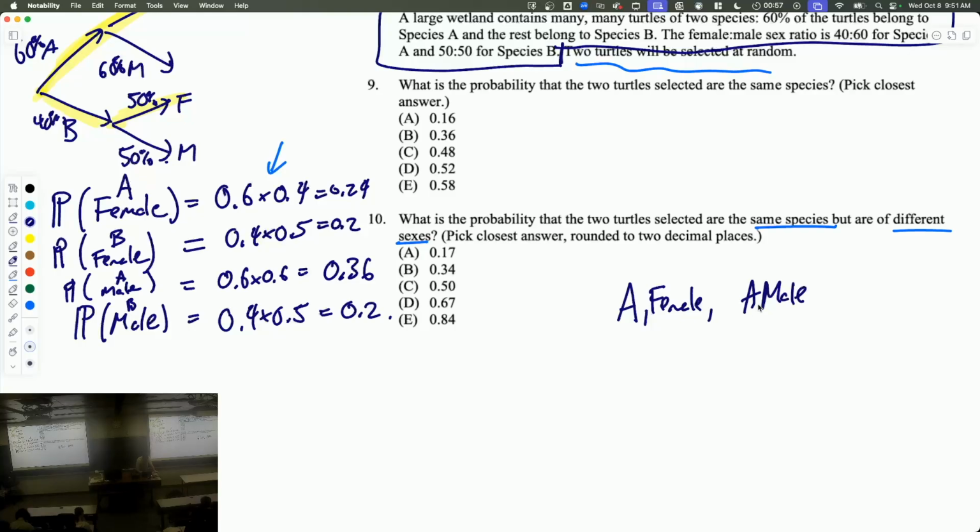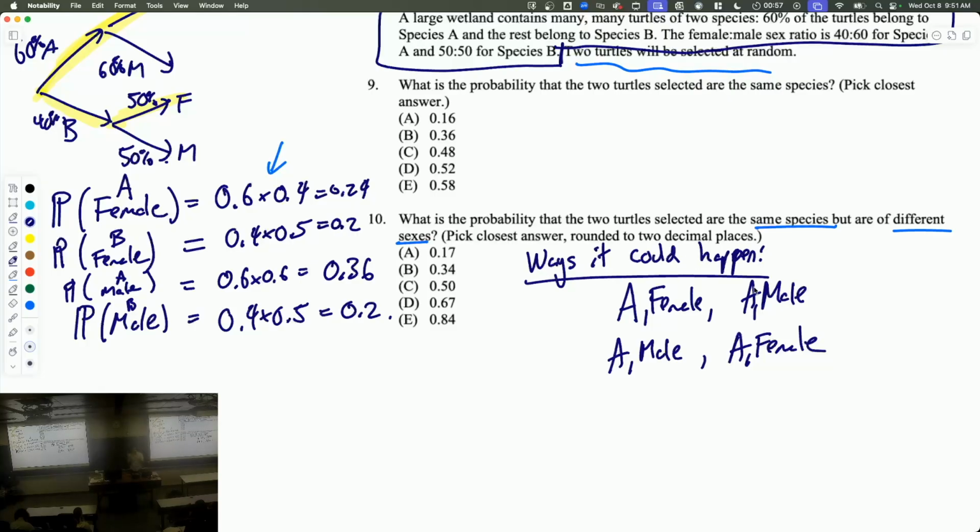That's one way. It could go the other way, A male, A female. Or it could be the reverse. So let's say ways it could happen. I'm thinking of them in order, the first turtle, the second turtle.